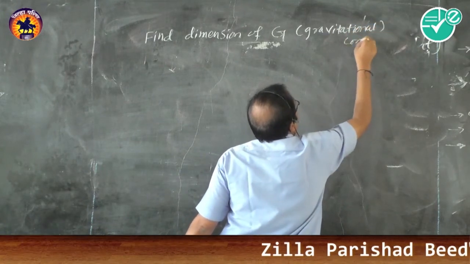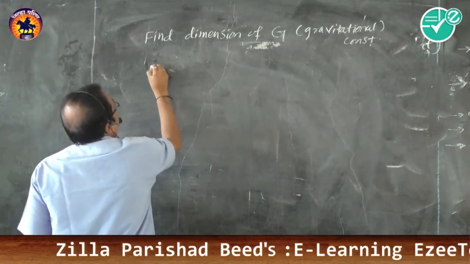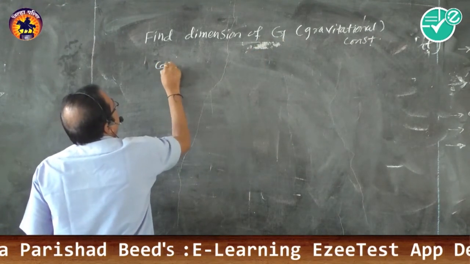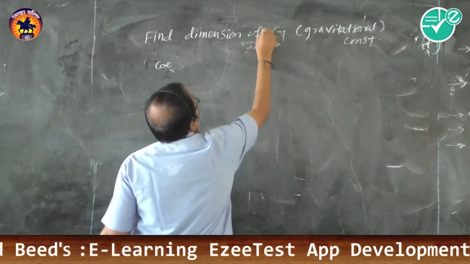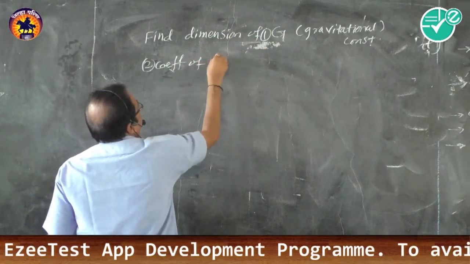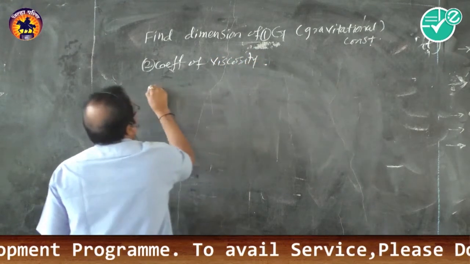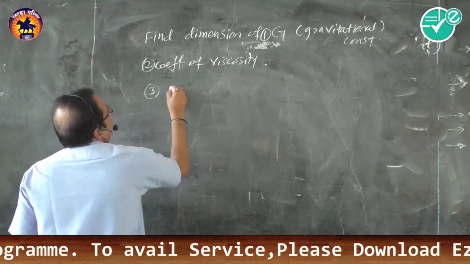We know this value, it is a universal constant. And the coefficient of viscosity. And third one, surface tension.